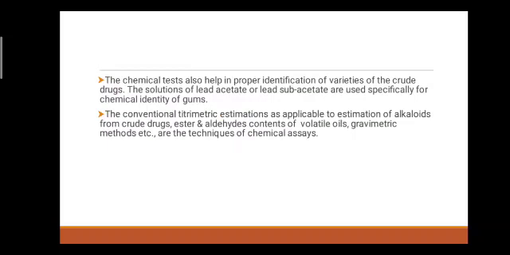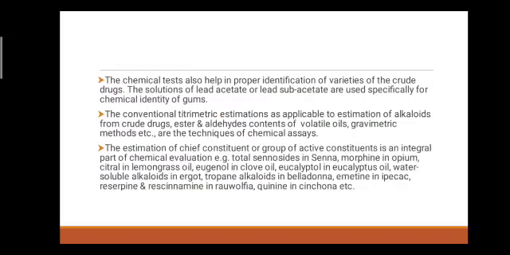The conventional titrimetric estimations as applicable to estimation of alkaloids from crude drugs, ester and aldehyde contents of volatile oils, gravimetric methods, etc. are the techniques of chemical assays. The estimation of chief constituent or group of active constituents is an integral part of chemical evaluation.